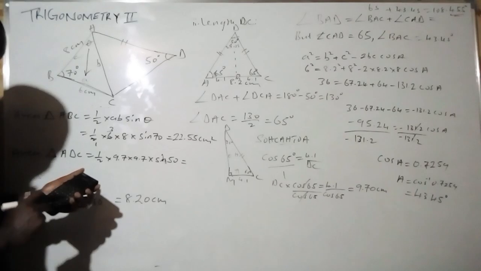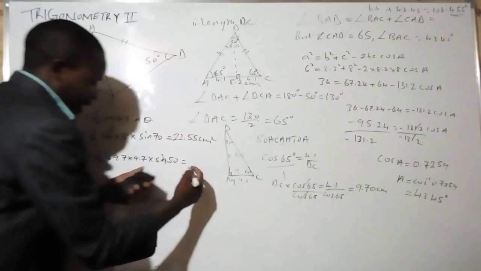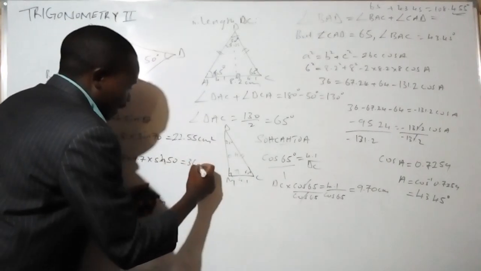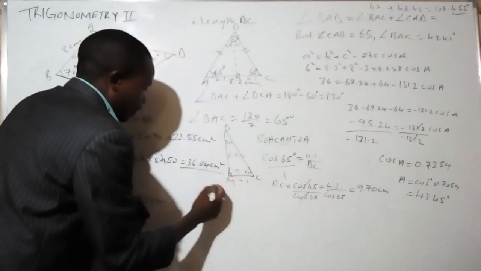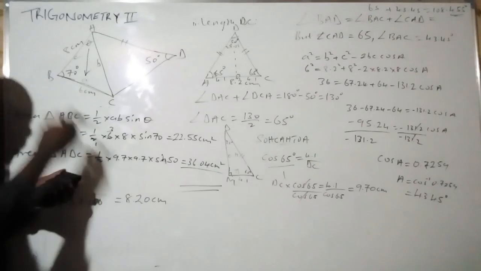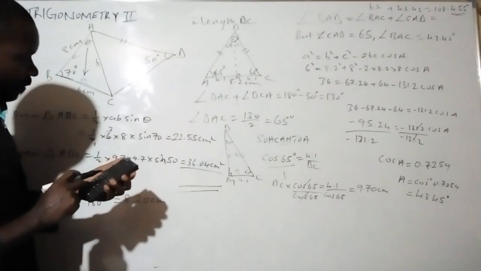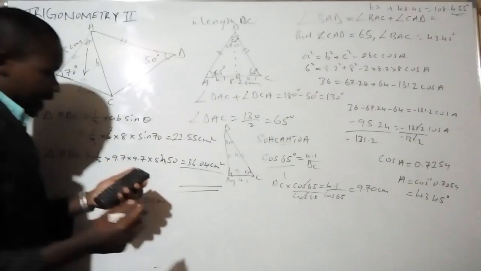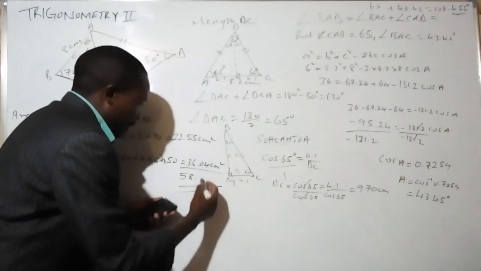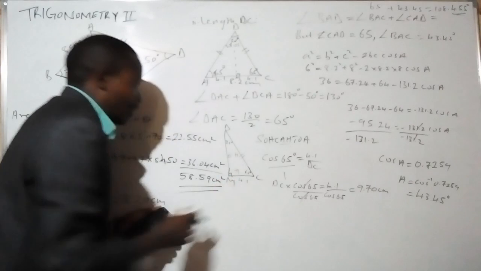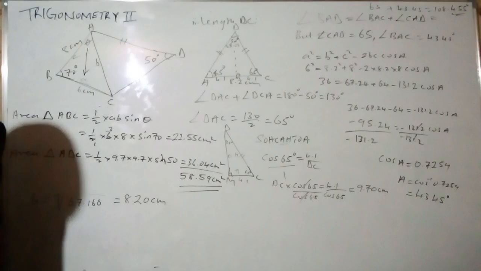You divide by 2, we get 36.04 centimeters squared to 2 decimal places. Now the total area, we add the 2: 36.04 plus 22.55, we get 58.59 centimeters squared, and you score your 10 marks. That's how that question was supposed to be done.